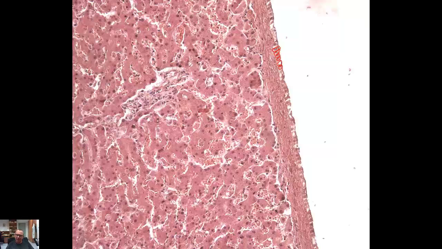In a healthy human liver, the loose connective tissue is found only around vessels and bile ducts, but not directly in the hepatic parenchyma. So the human liver is quite poor in loose connective tissue.